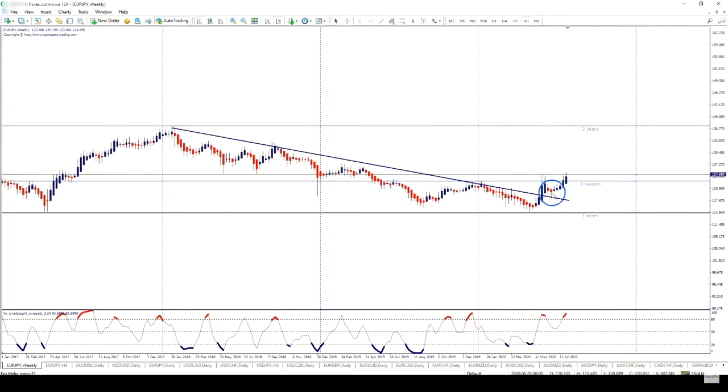You see it? So now that it's bouncing off this level, we can assume that price wants to go higher, right? It may retest this level again. After it breaks through this level of resistance that turned into support, there's a good chance that price may bounce higher and continue up, back to retest this level right here of resistance, right?